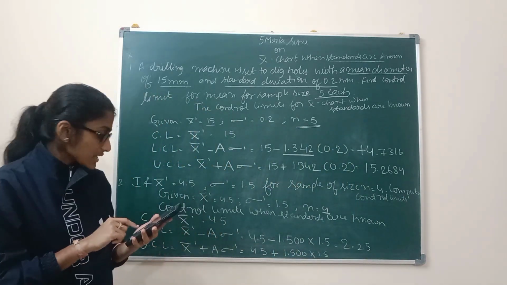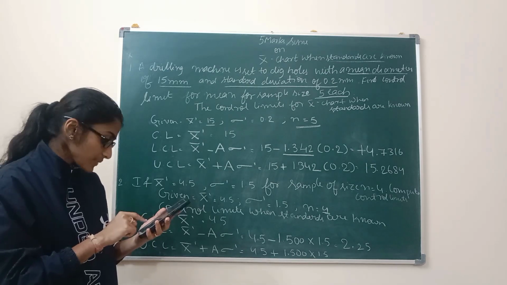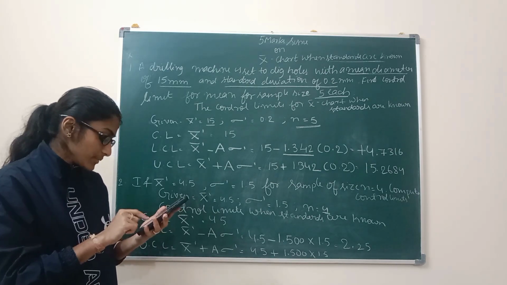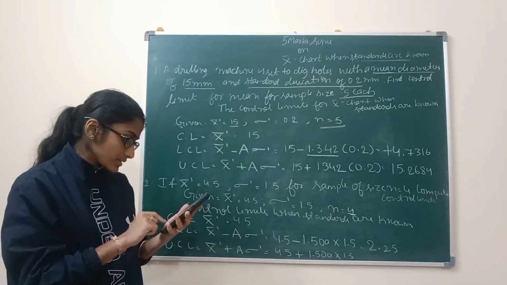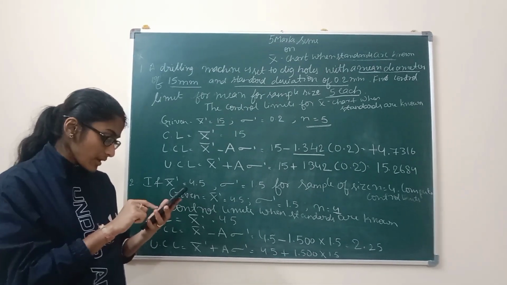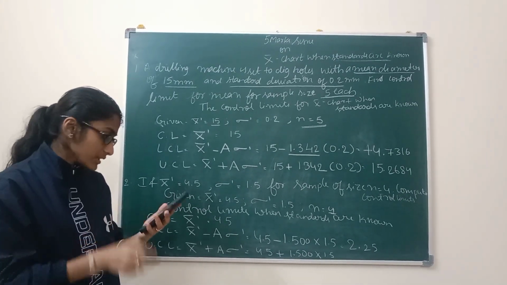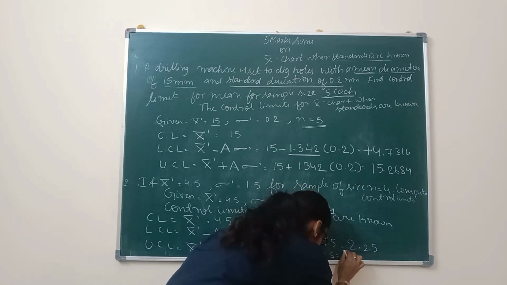Whereas for UCL, 4.5 plus 1.500 into 1.5, we will have 6.75 as your answer.